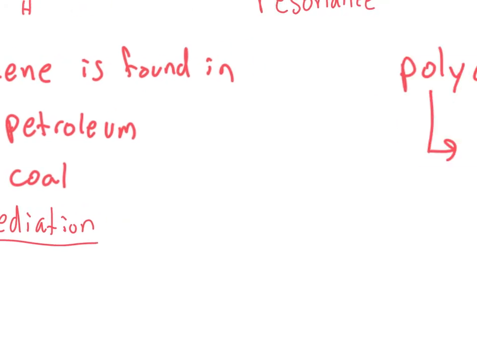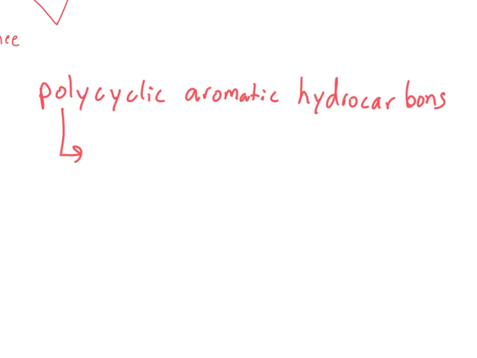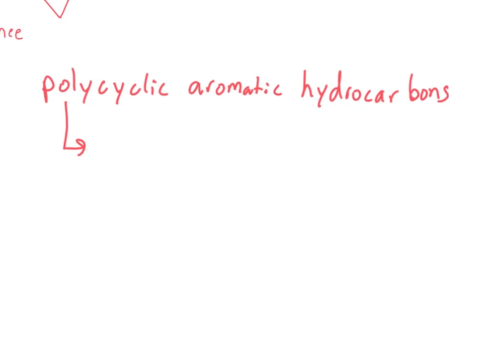The last type of benzene molecule that we're going to learn about is something called the polycyclic aromatic hydrocarbons, or the PAHs. PAHs are pretty important to know about because they come from things like charred meat.